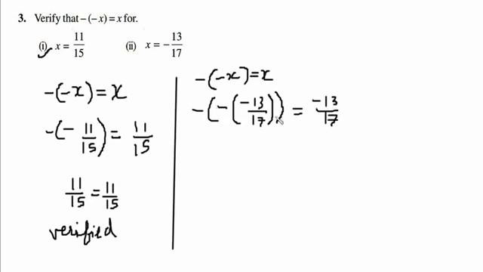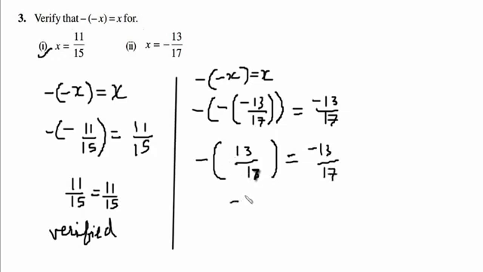Now we'll have to prove whether the left hand side equates to the right hand side. This minus as it is, the bigger bracket like this. Now we are solving this. Negative negative is plus, so positive of 13 over 17. That should equate to minus 13 over 17.